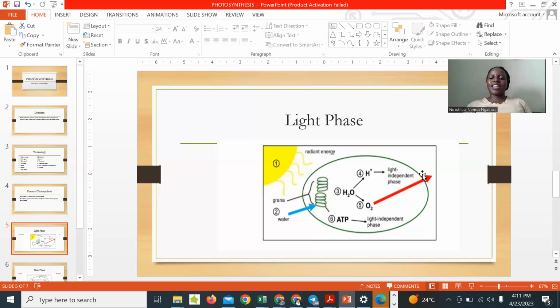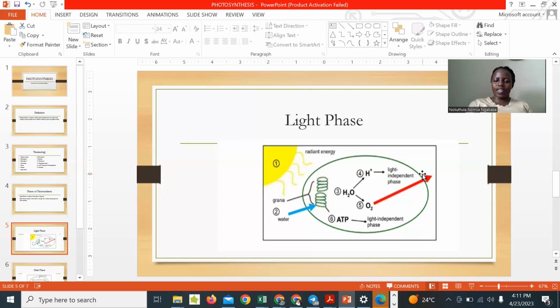And then that NADPH together with the ATP, they are going to be combined and formed during the light phase, and then they are used during the dark phase.